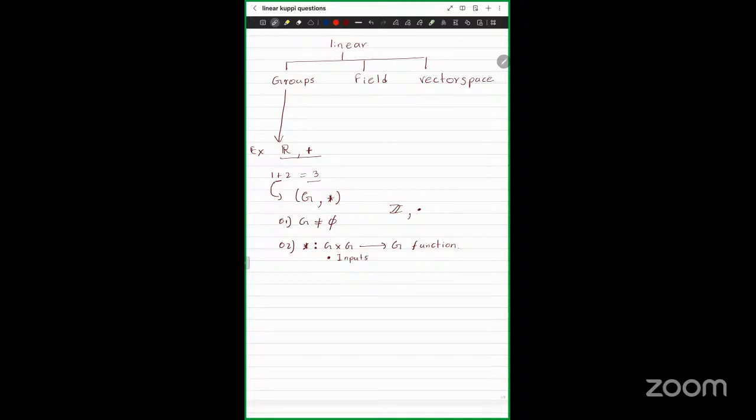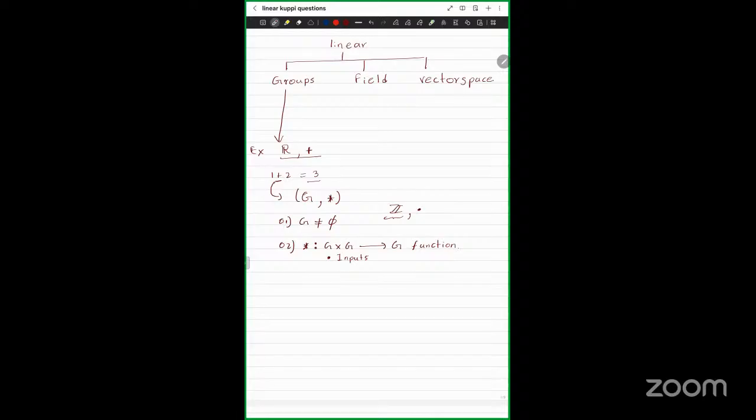We can't take input from outside this set. If we look at the set of integers, we can't take a half as an input. So the input should be in that set.